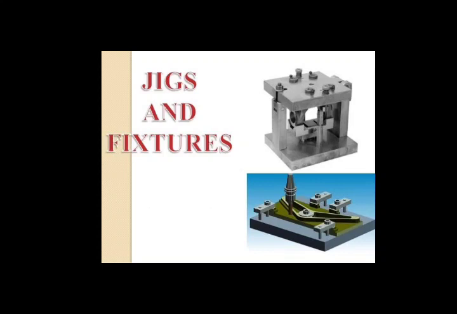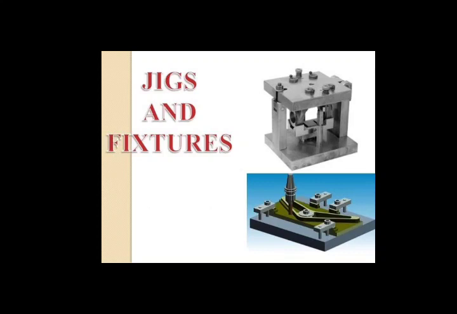Write down the 6 factors that will be contained in every jig and every fixture, and they are: first, the main body, that is the body of the jig or fixture, then locating elements, then clamping elements, then tool guiding and setting elements, then positioning elements, and last is indexing elements. So these will be the 6 elements contained in every jig and every fixture.